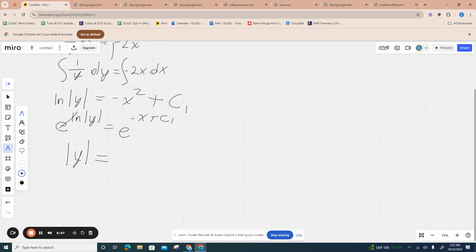And we can separate this and simplify it further by writing e to the C1 times e to the negative x squared, because adding exponents is the same thing as multiplying the same base. So now that we have separated these, we can get the absolute value sign away by plus-or-minus e to the C1.